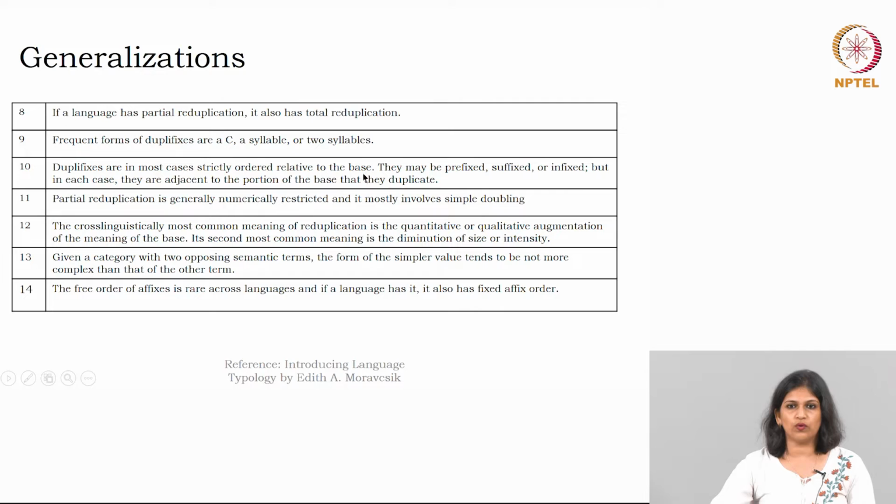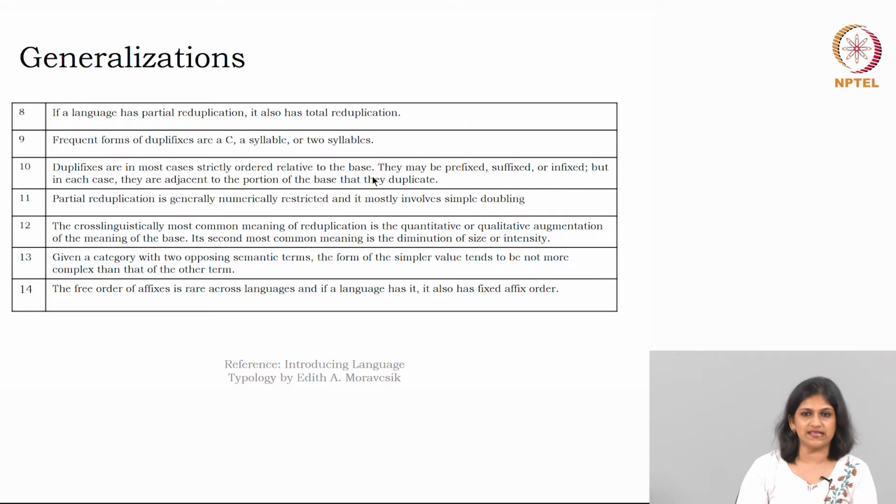Let me tell you what the adjacency of a base is. When you say teacher, er is the morpheme next to the base, that is teach. It is a suffixation here, because teach is the base and er is the morpheme which has been attached to it. So, this is adjacent to the portion of the base.